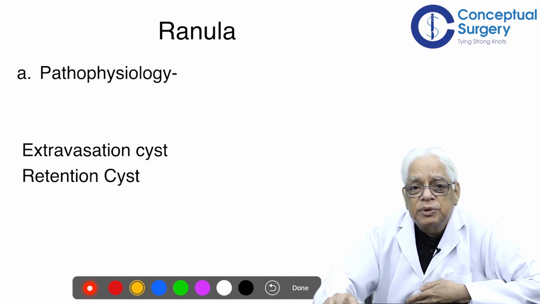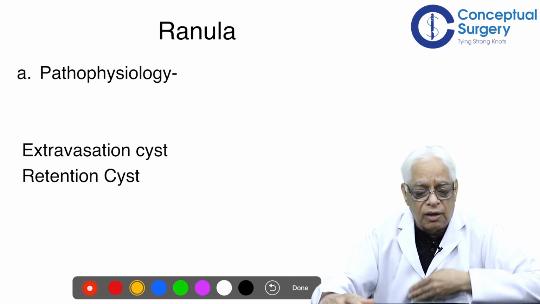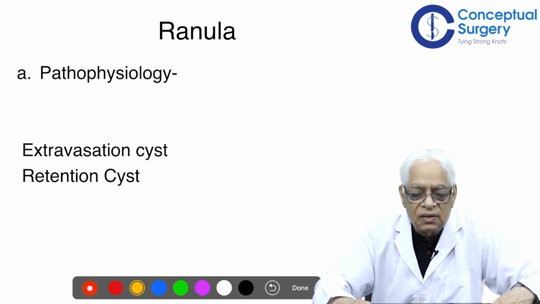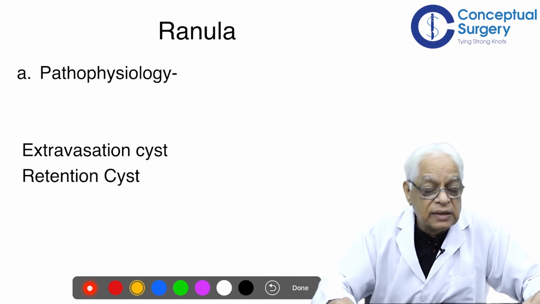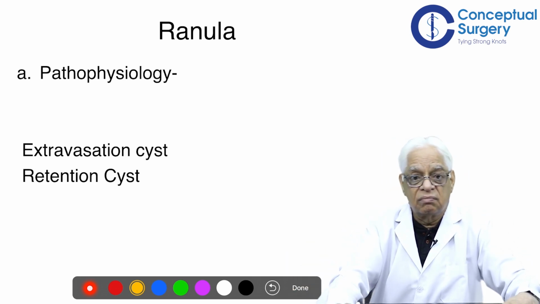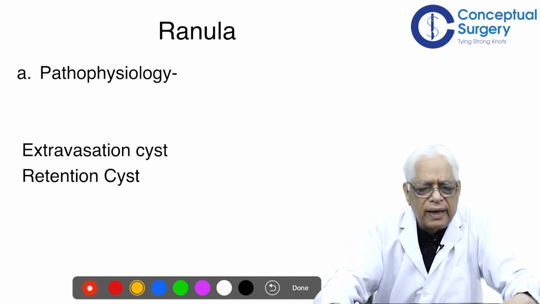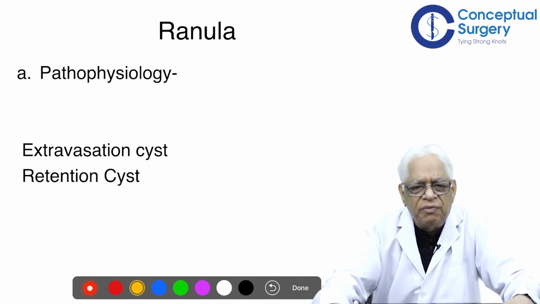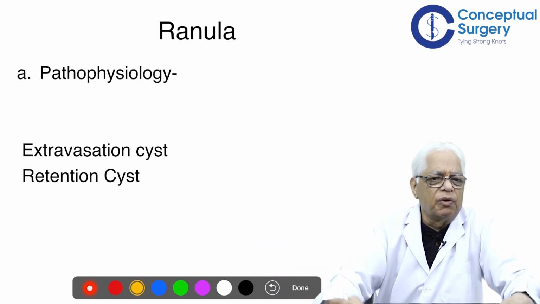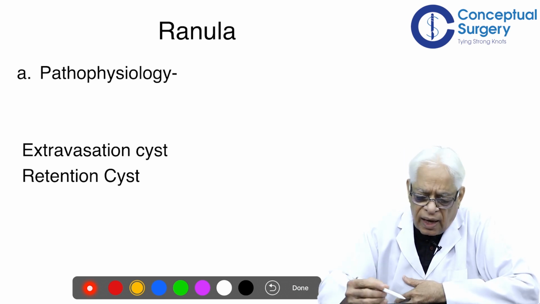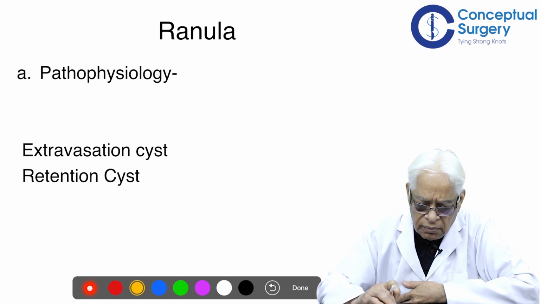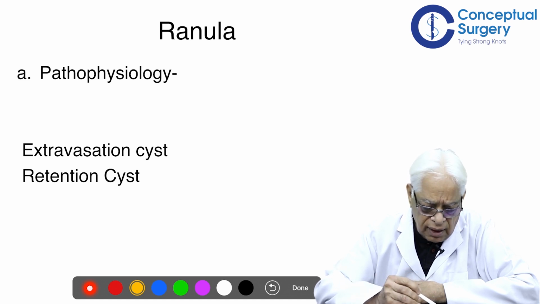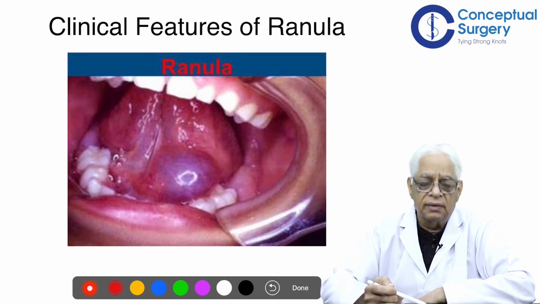Now, the commonest pathology which is seen in children, which is maybe as early as at birth, but often by the age of 2 to 5 years, may occur even up to 15 years of age, is a swelling in the floor of the mouth. And I would like to show a picture of it. There it is.